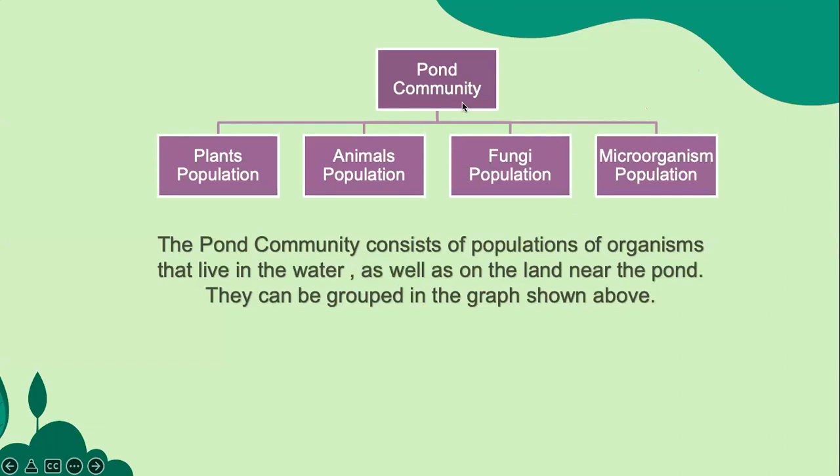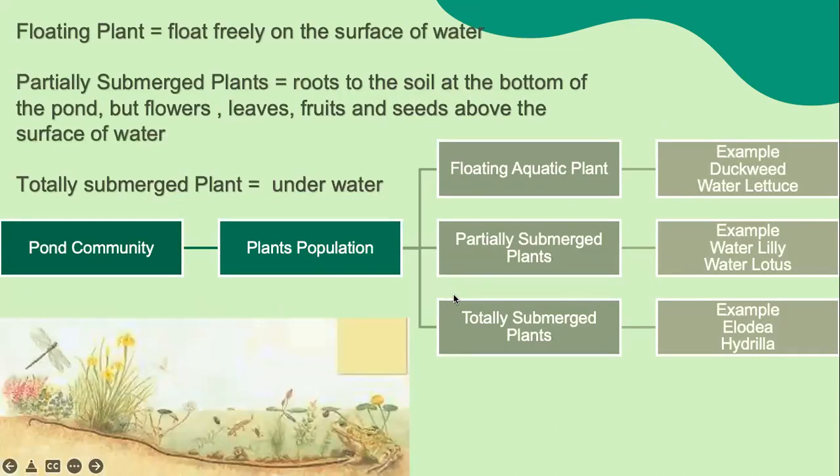Usually in a pond community, there are 4 different types of population: the plant population, the animal population, the fungi population, and the microorganism population. As long as you are living in the water or on the land near the pond, you can be part of a pond community.